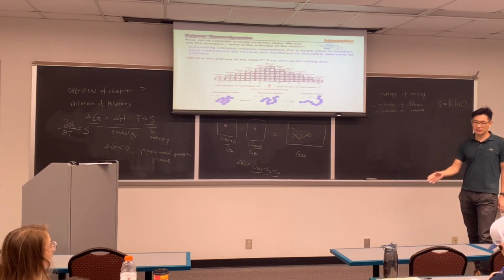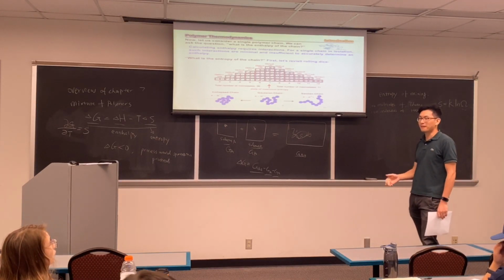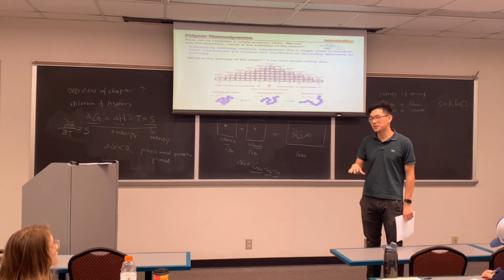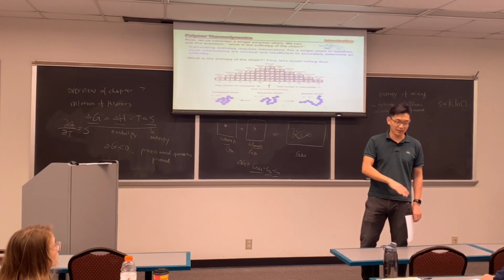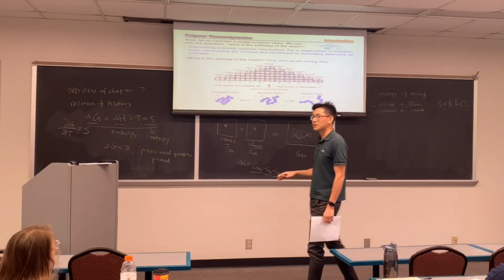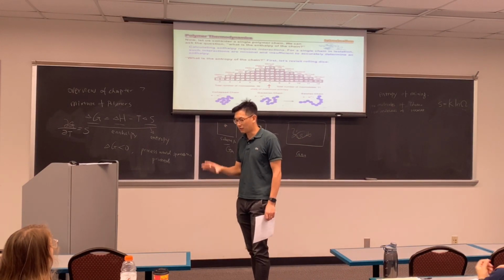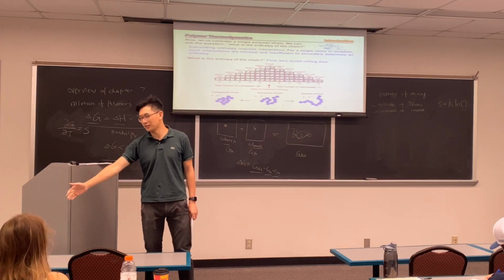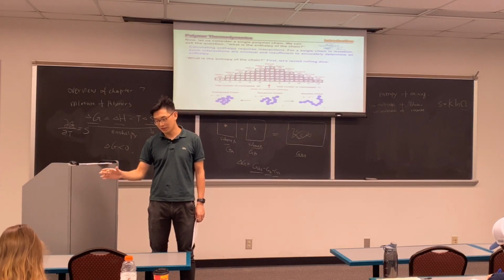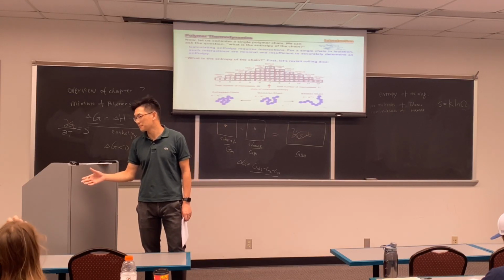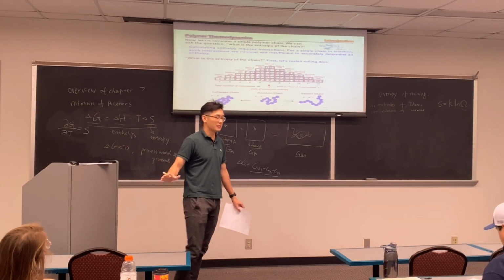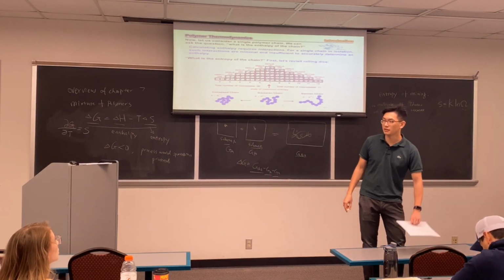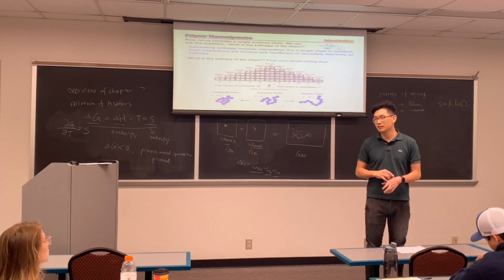This classroom has 20 chairs and we have 20 of you. How many possible states can we occupy differently from each other? If you sit in a different chair, it's called one different state. If we only have two chairs and two students, there's only A sits here or A sits on the other side, so there's less entropy. When the system gets bigger and more complicated, your entropy goes up quite dramatically.